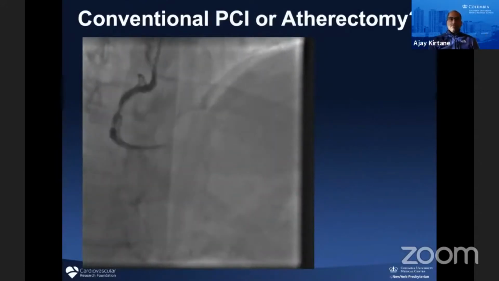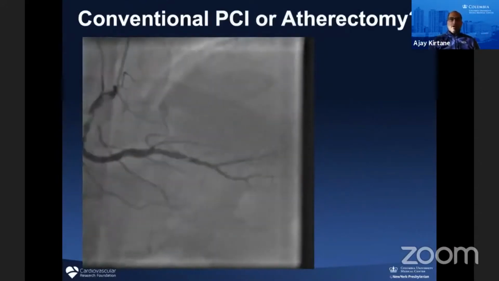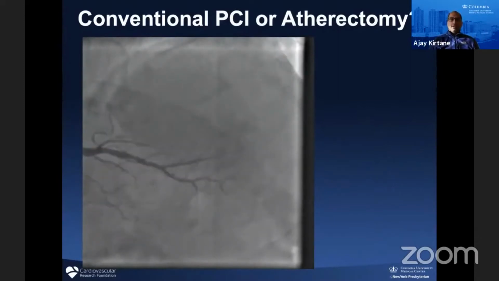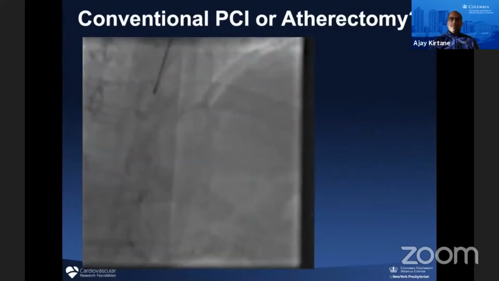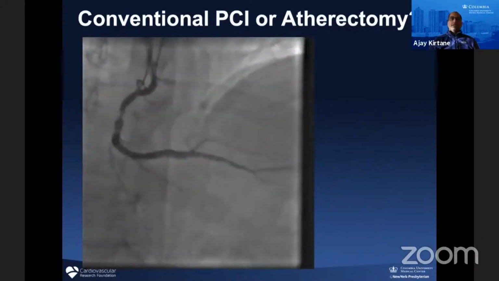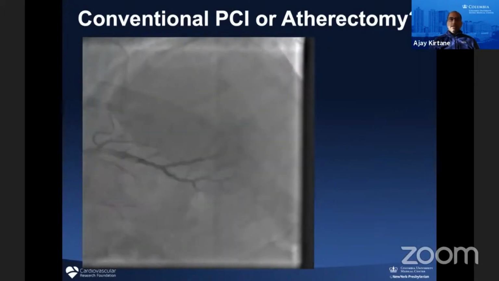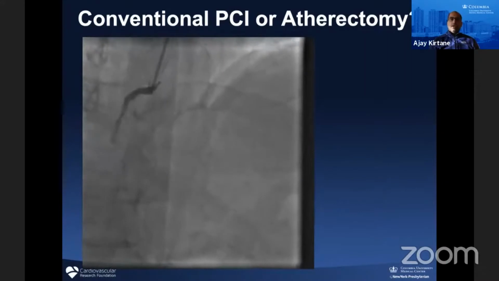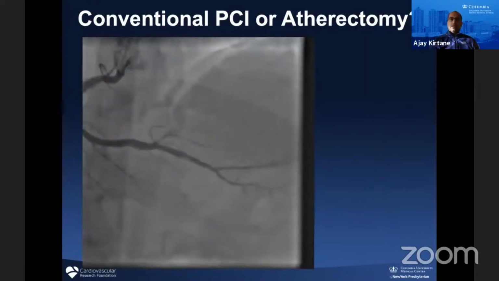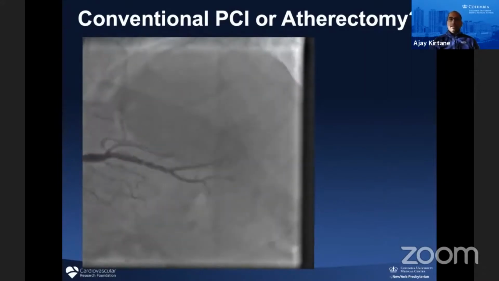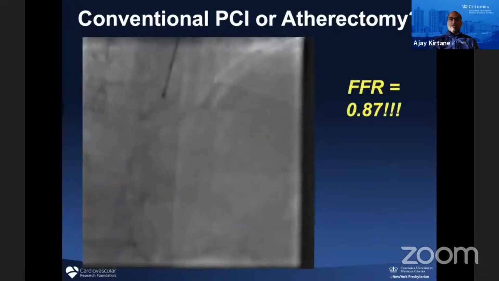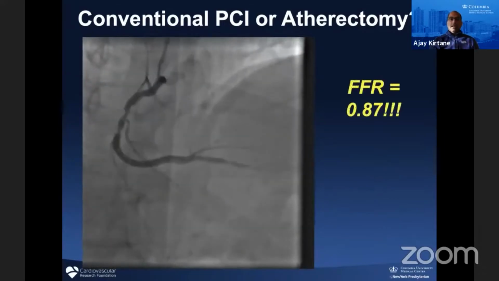So this is just an example of a patient that I treated, and I remember calling for the rotablator when I saw this initial angiogram. And then I remembered that the reason the patient was there was because they had normal stress testing and abnormal CT showing calcium, and was very, very concerned. And that's why we were doing the diagnostic catheterization. So rather than just treat it in an asymptomatic patient, I actually did FFR way down in the PDA, and it was normal.